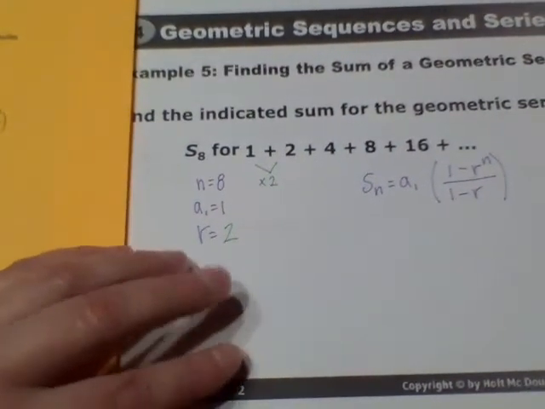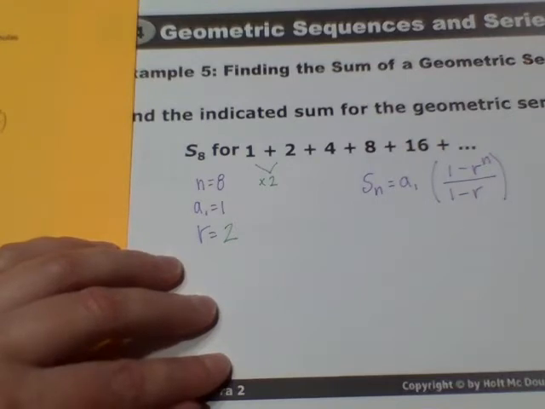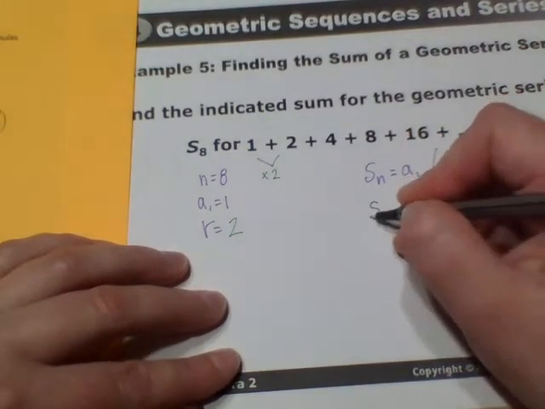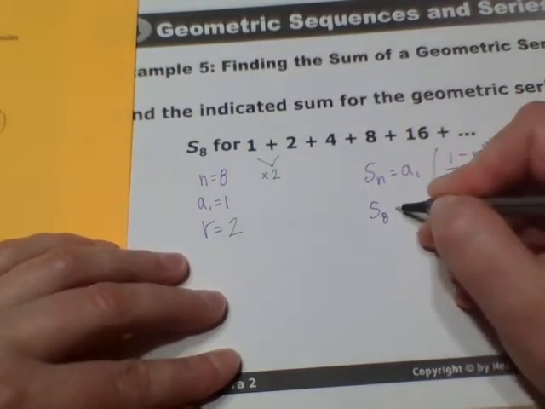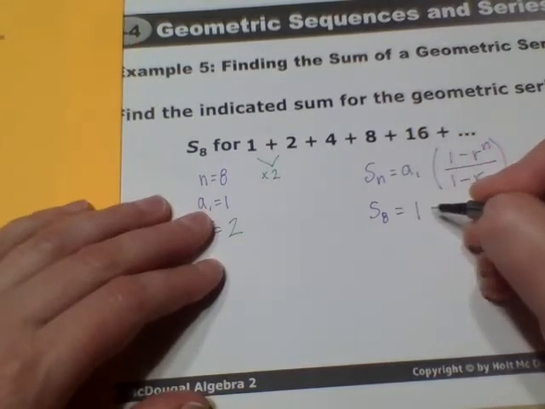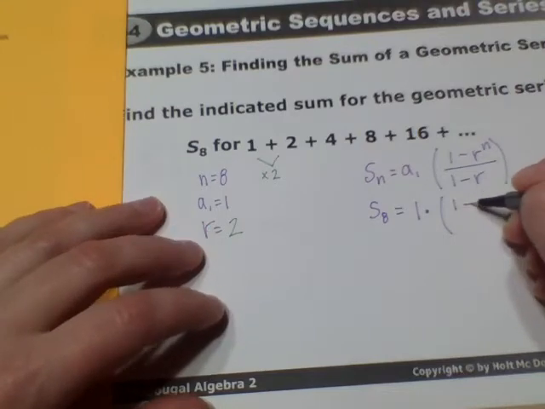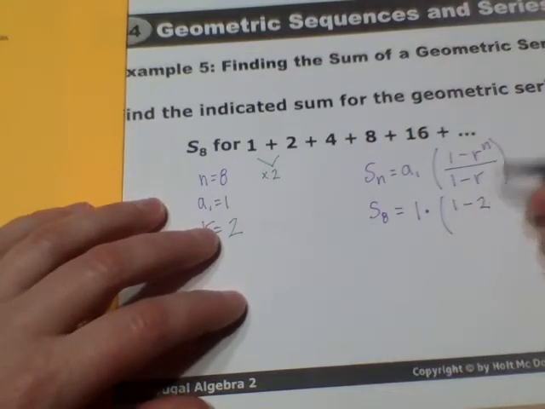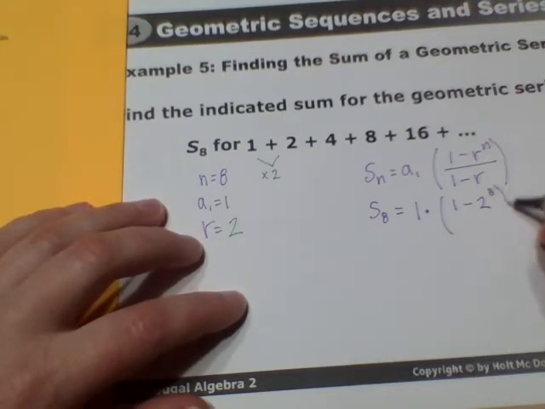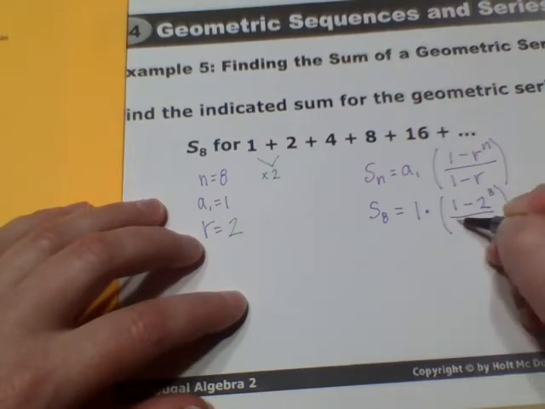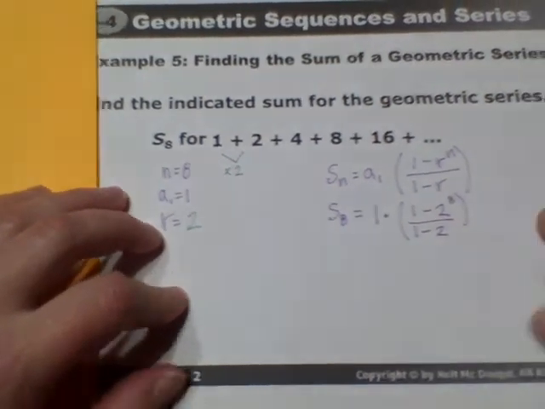All right, so then we're going to go ahead and fill in this formula. So we are taking S sub 8 because we're summing 8 terms. And then we'll have 1 times, which is really not that hard, 1 minus 2, because that was our r value, to the 8. And all of that is going to be over 1 minus 2.